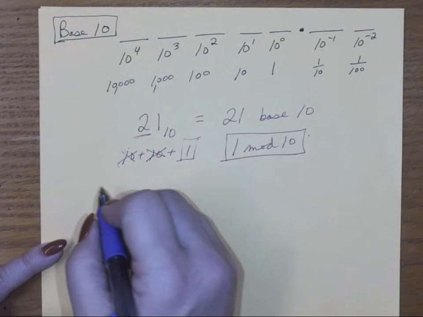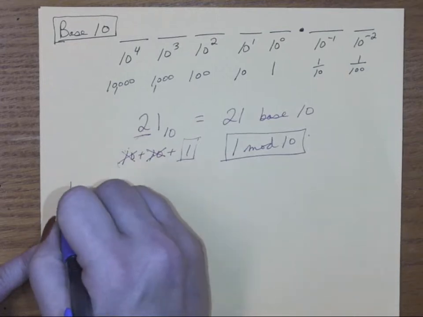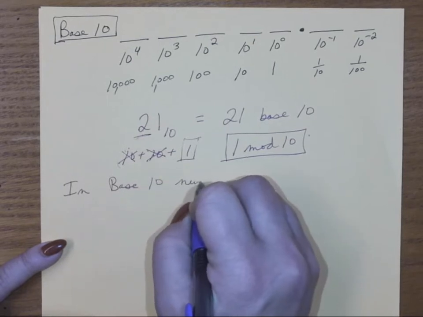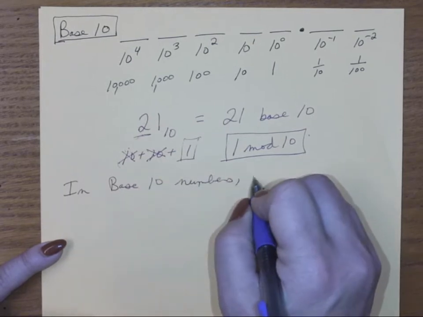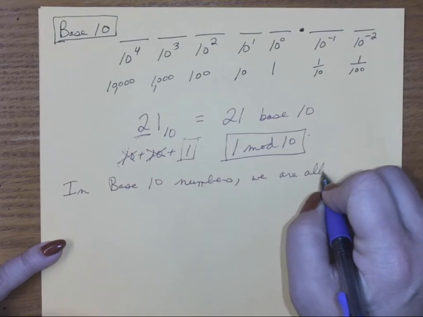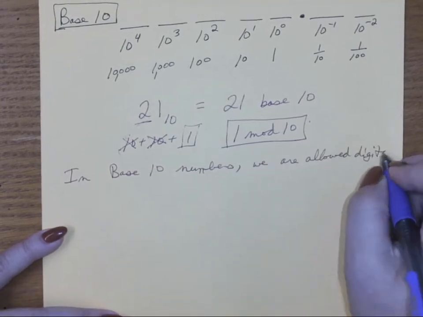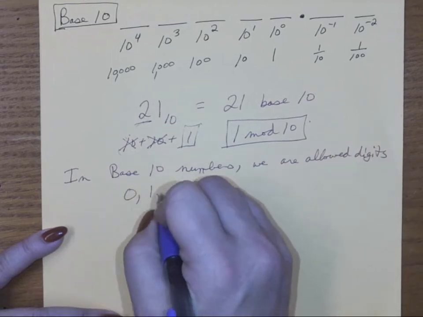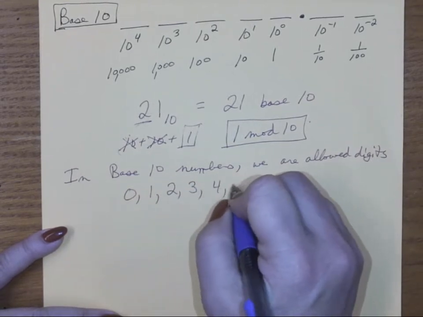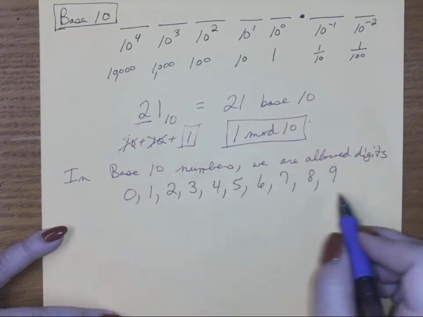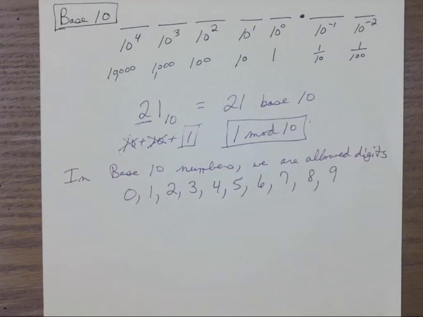The other thing that we should know is that in base 10, any base 10 number, we are allowed the digits 0, 1, 2, 3, 4, 5, 6, 7, 8, and 9, right? Because those are the digits we can use to fill in one place value.